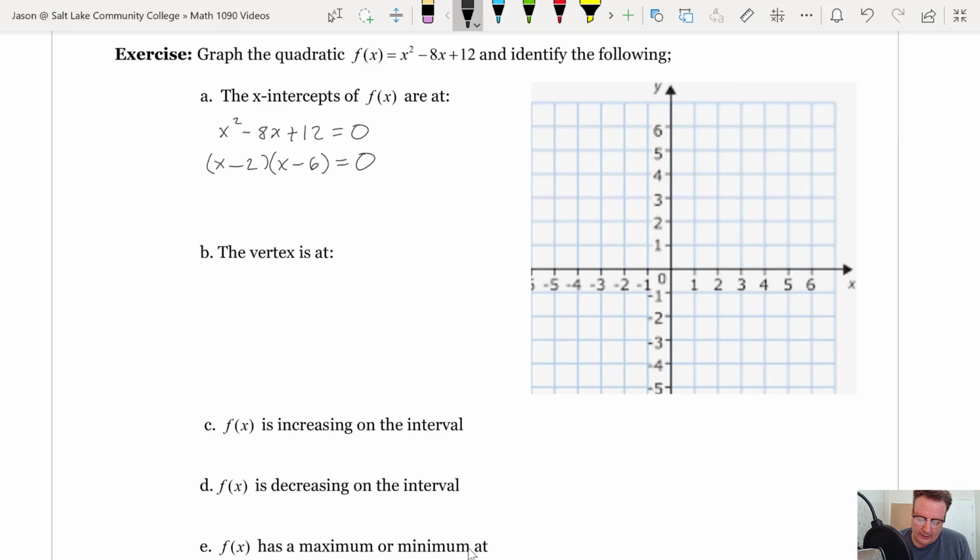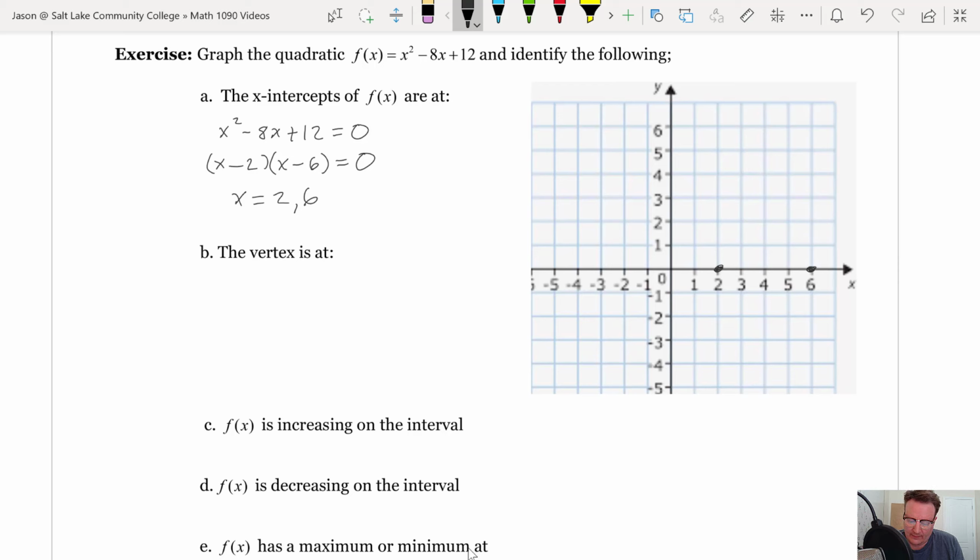Yeah, that'll work because negative 2 times negative 6 is positive 12, and then negative 2x and negative 6x gives me negative 8x. Okay, and so the 2 x-intercepts are at x equals 2 and 6. Let's plot those on the x-axis, 2 and 6. So the graph will cross the x-axis at those 2 points.